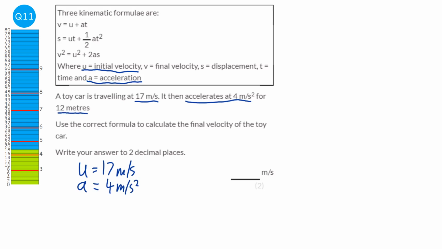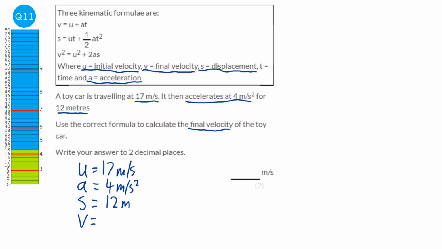And it's for 12 meters. Now, displacement just means distance as a vector, so we're going to use displacement, and we use the S to show displacement, just to be confusing. So displacement is always the confusing one. And we're asked to find the final velocity. Now the final velocity is shown with a V, so that's what we're looking for.